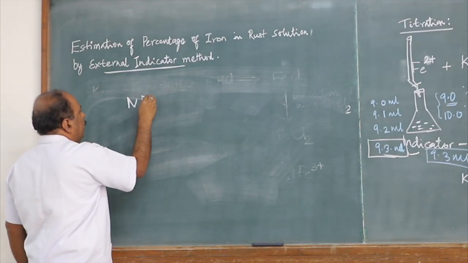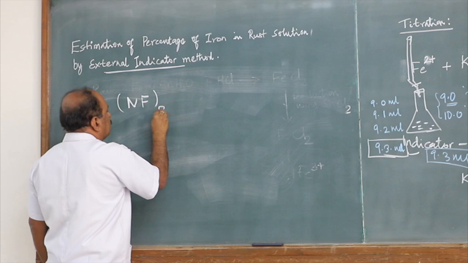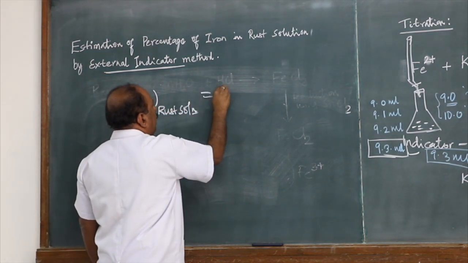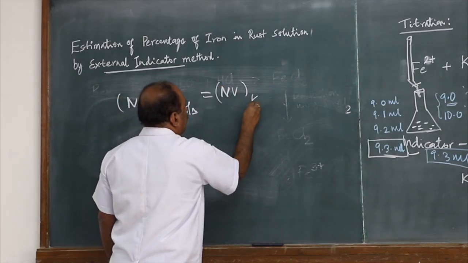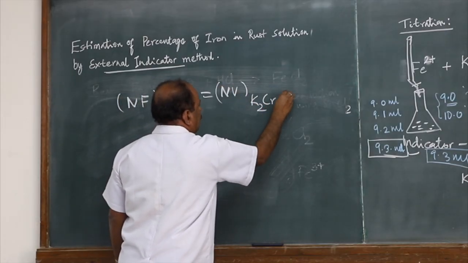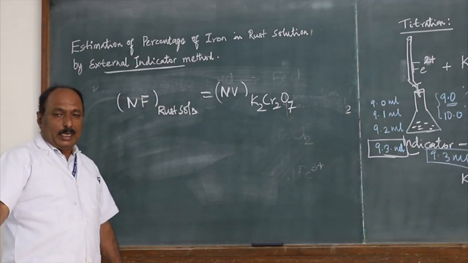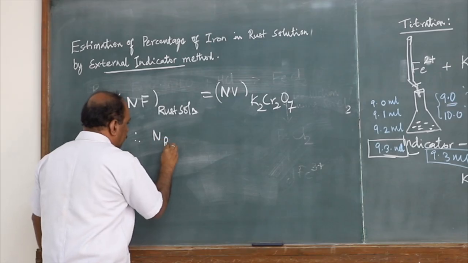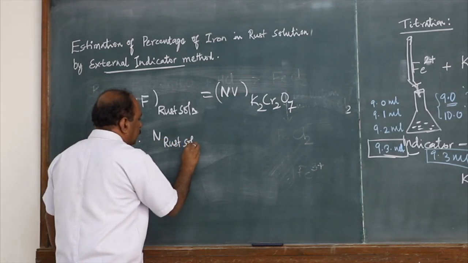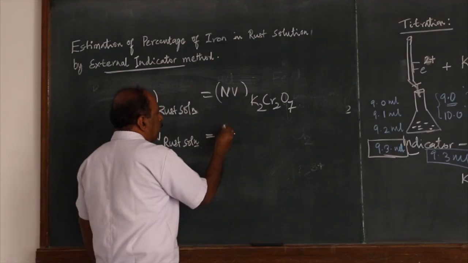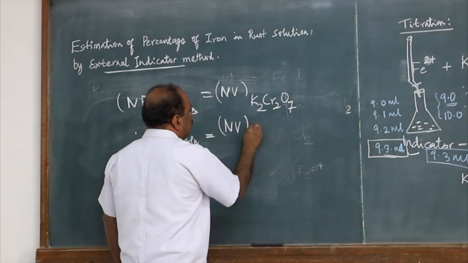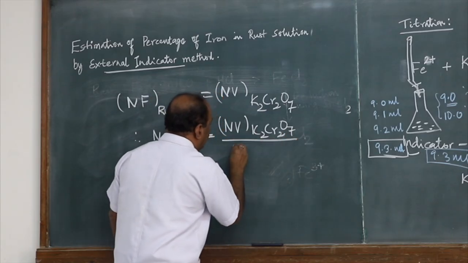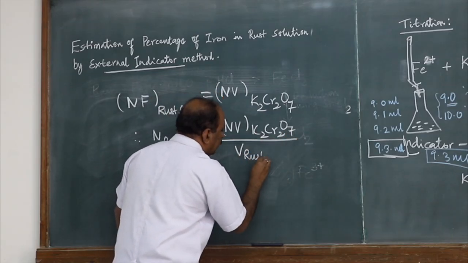N into V of rust solution is equal to N into V of K2Cr2O7, because K2Cr2O7, potassium dichromate, is the standard solution you have taken. Therefore, N of rust solution, in this case rust solution is nothing but ferric chloride, is equal to N into V of K2Cr2O7 potassium dichromate solution divided by volume of rust solution taken.